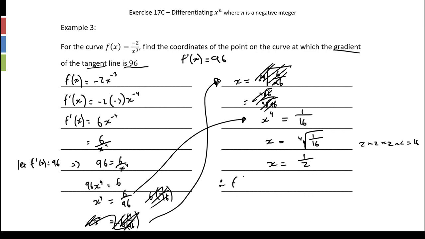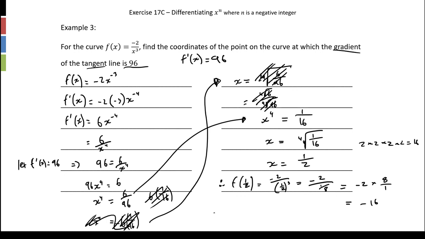Therefore, we need to find f of half, which is equal to negative 2 on 1 over 2 times 2 is 4, times 2 is 8, so that's the same as negative 2 times 8 on 1, which is equal to negative 16.